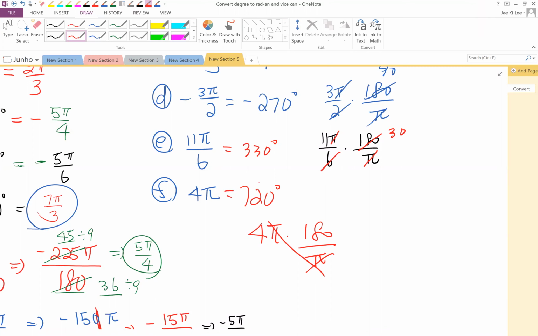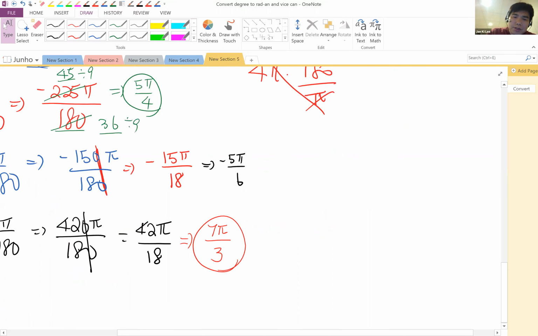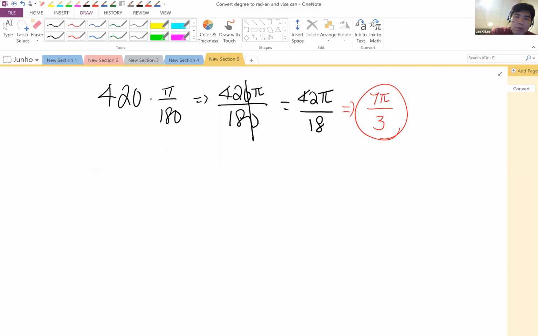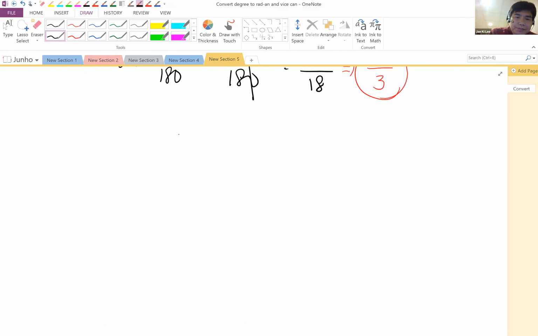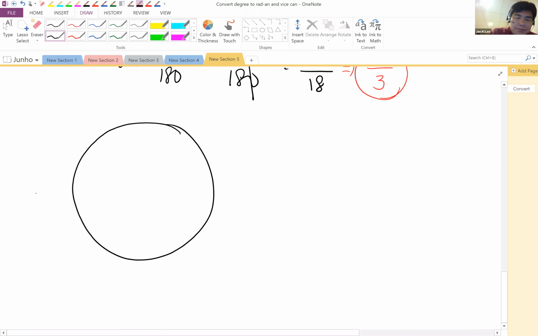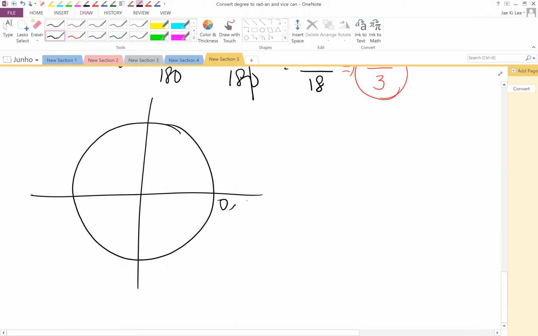Professor, how do you put the 720 in the circle? That's a great question. So far we only cover 0 to 360, or we can also say 0 to 2 pi, right?